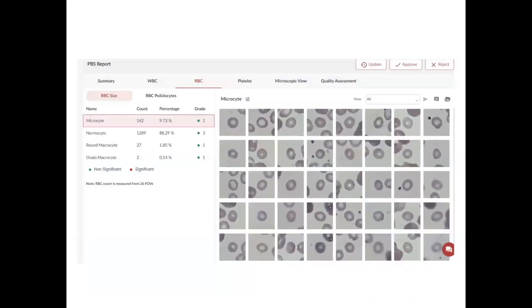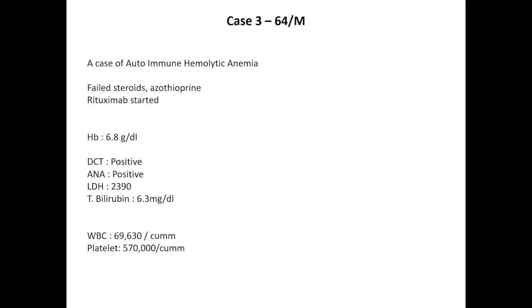So this is what Shonit will give you, and it will give you the actual percentages. And if you can see, this is from more than 1000 cells that the percentages are given, and I can accordingly grade my microcytes or other poikilocytes. Therefore this is a very good tool to put your RBC morphology in your peripheral smear report.